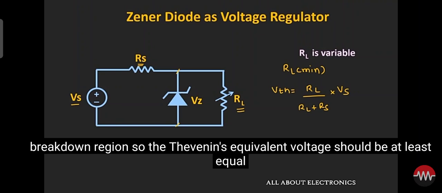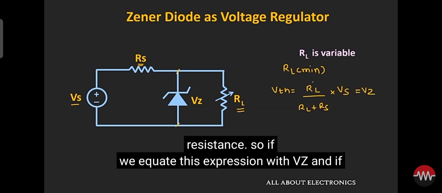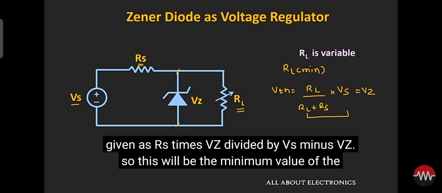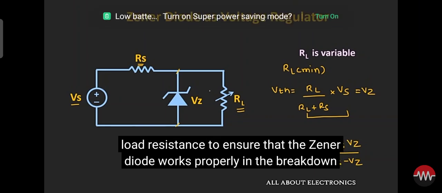So the Thevenin's equivalent voltage should be at least equal to the Zener voltage, and from this we can find the minimum value of this load resistance. So if we equate this expression with VZ, and rearrange the terms, then the minimum value of this load resistance can be given as RS times VZ divided by VS minus VZ. So this will be the minimum value of the load resistance to ensure that the Zener diode works properly in the breakdown region.